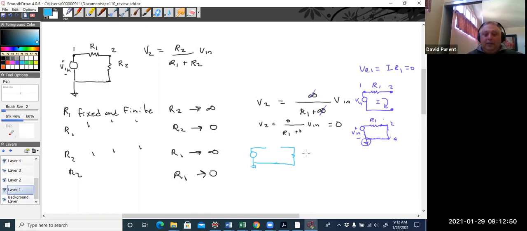Now, again, I equals 0. And so VR2 equals IR2 equals 0. So there's no voltage drop here.